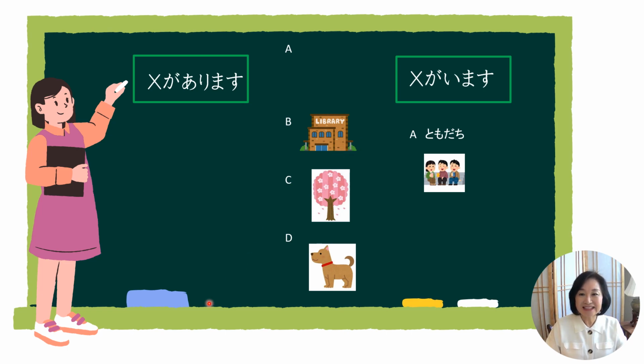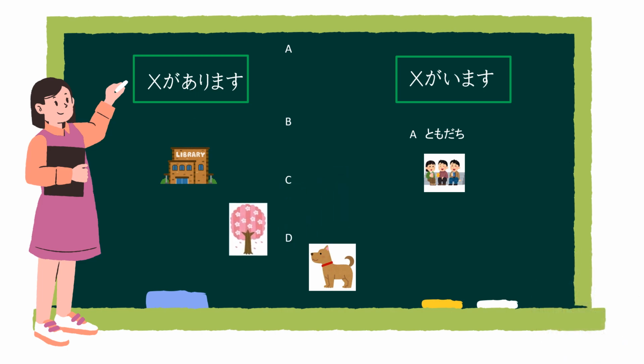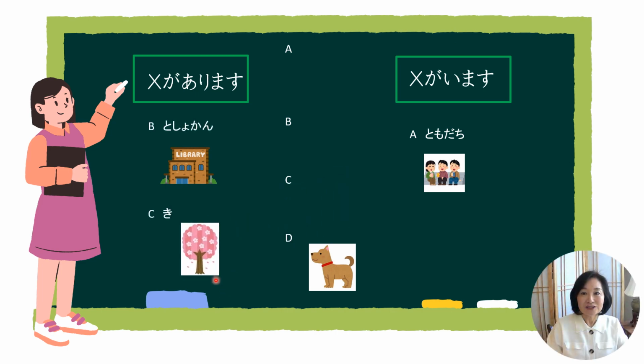How do you say that? 図書館があります。How about trees? Beautiful cherry blossom trees. 木があります。Trees will be under the あります category. They're living, but they're not mobile.